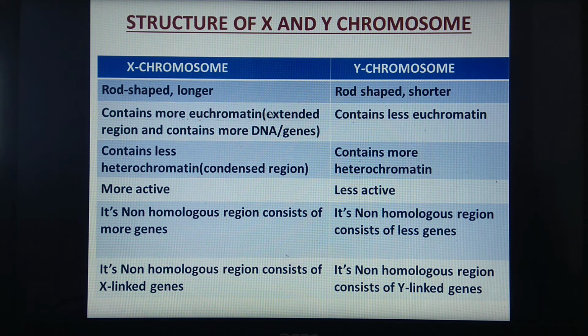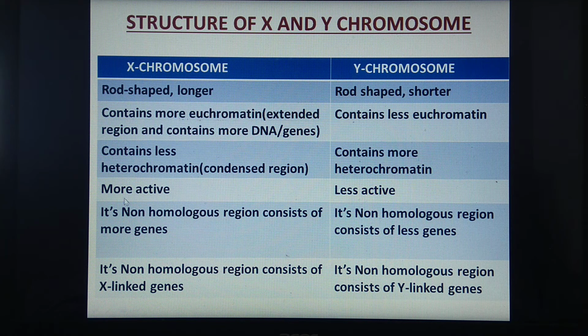It consists of more extended part and more DNA. In case of Y chromosome, less euchromatin is present and it contains more heterochromatin. So in X chromosome, more euchromatin and less heterochromatin. I think this point is clear for you. What's the meaning of euchromatin and what is the meaning of heterochromatin?